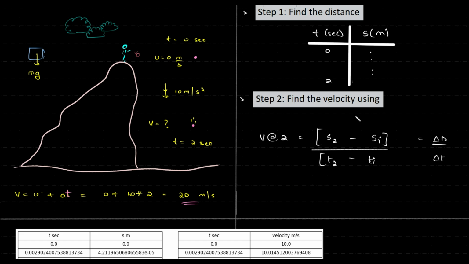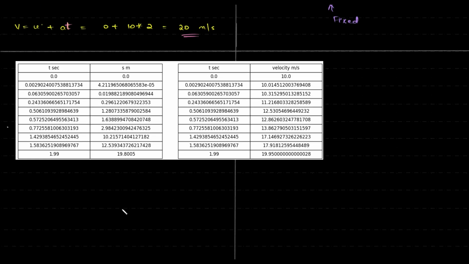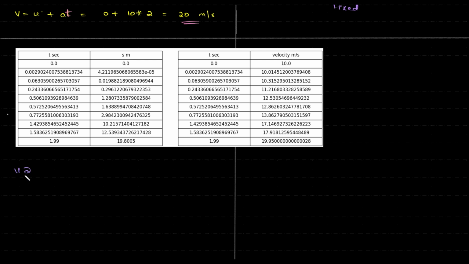Since we are talking about 2 seconds over here, this value is fixed and this value is fixed, right? So basically we're calculating the velocity at 2 seconds as the distance traveled at 2 seconds, 5 into 2 square, minus si, this entire thing divided by 2 minus ti.